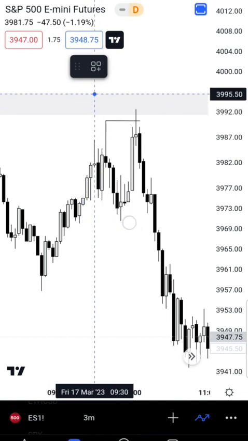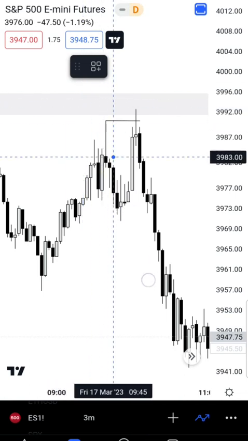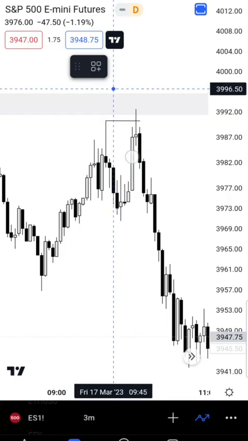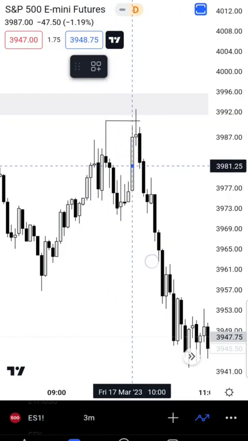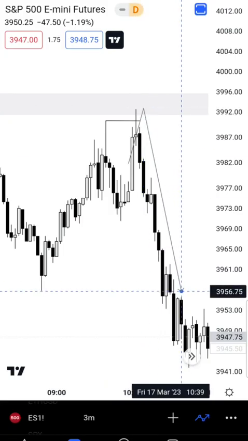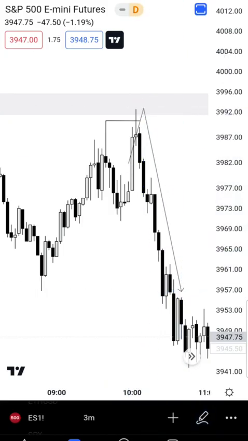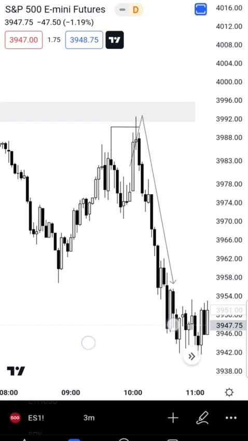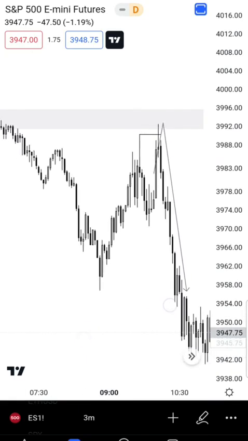Someone accumulated longs over here, and they need to distribute the longs above this high into the gap. So that's when this idea came to mind. Right there. Looks good in hindsight, but it's all there in foresight. The proof is in the pudding.